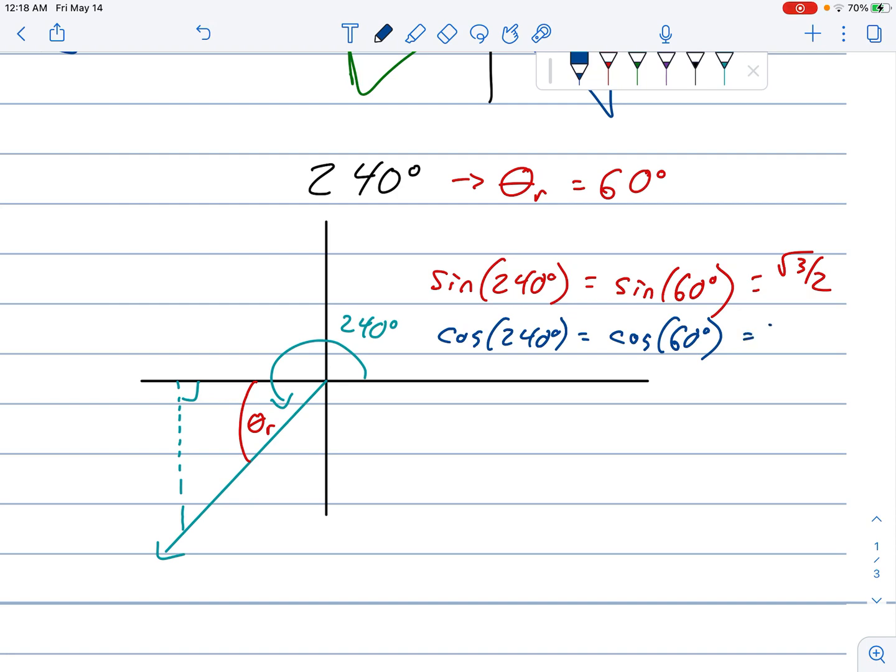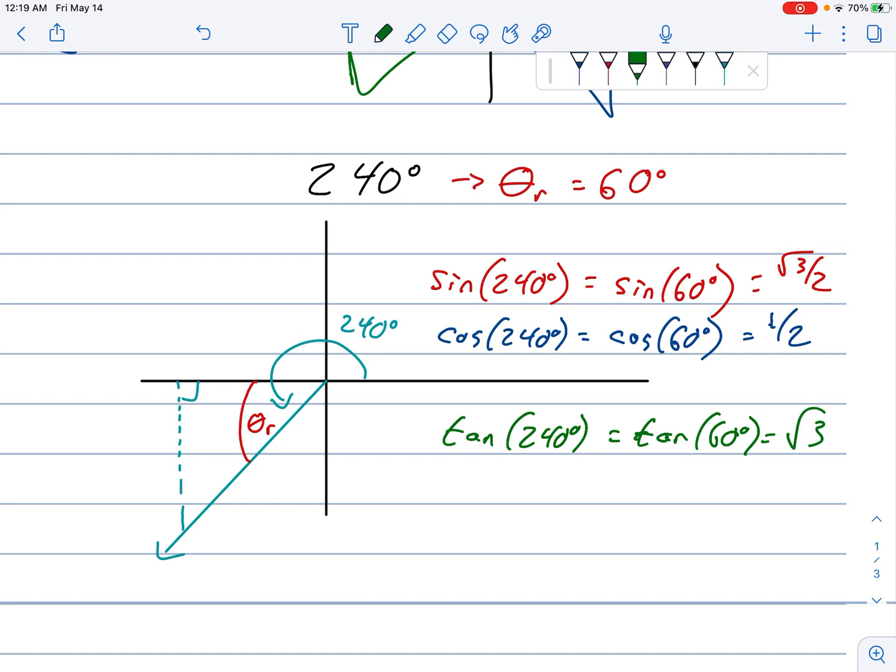Okay, and that is 1/2. Cosine of 60 is 1/2. And then lastly, we have tangent of 240. And that is the same as tangent of 60. And that is radical 3 over 3. No, just radical 3. My apologies. Just radical 3.